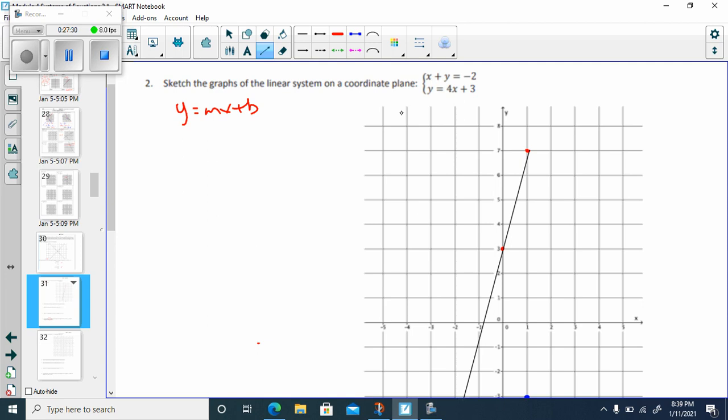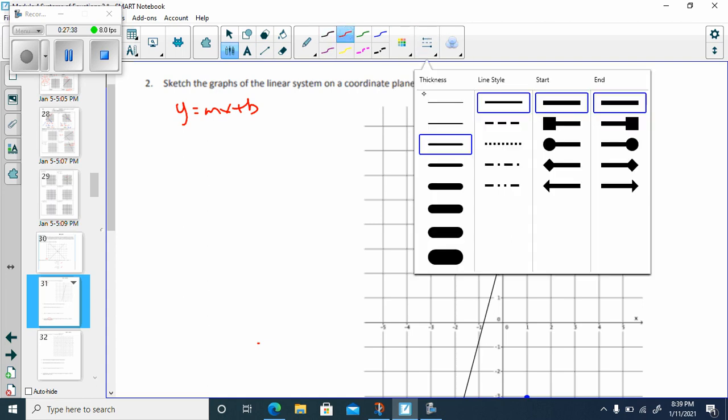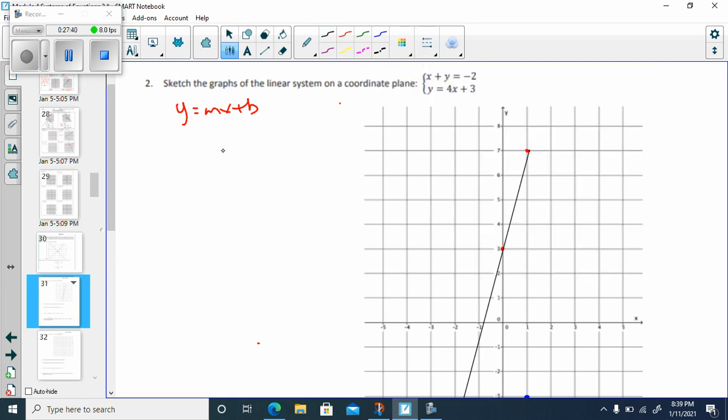Okay? And I can plot that, can't I? All right. Now let's try this one. x plus y equals -2. Okay? x plus y is equal to -2. Let's solve for y so we can plot it.